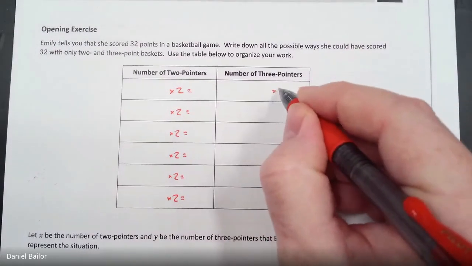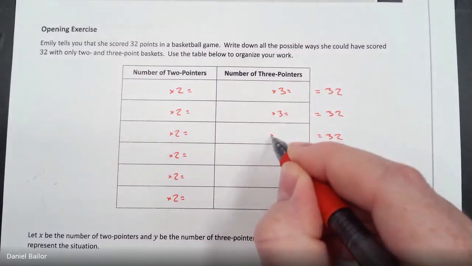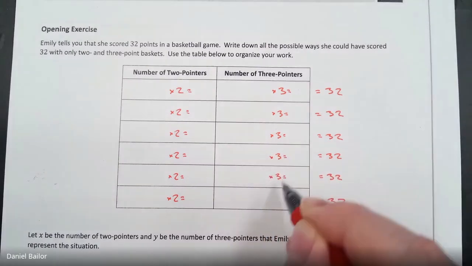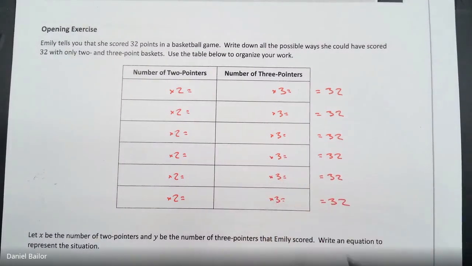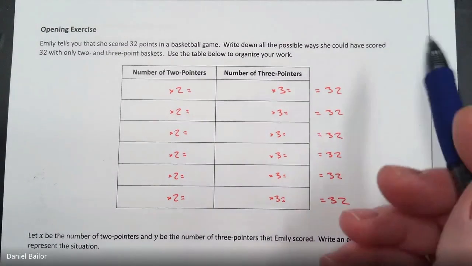3-pointers, every shot gets multiplied by 3. Now we're going to use this information to figure it out. How do we make 32?